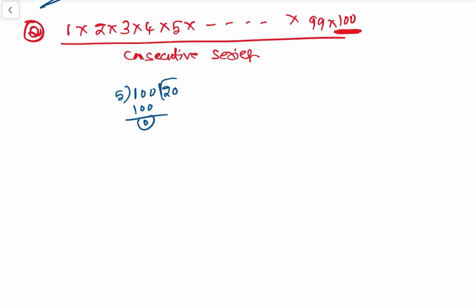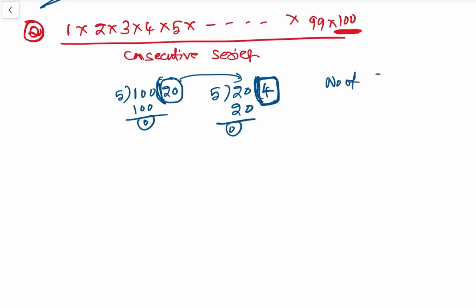So 20, so 20 is divisible, 20 can be further divided by 5. So divide 20 by 5 again. 5 fours are 20, so 0. Now 4 is left, 4 cannot be further divided by 5. Understand it like this: as long as a number bigger than 5 comes, divide; if a number less than 5 comes, do not divide. Okay. So the number of fives is 20 plus 4, that is 24.